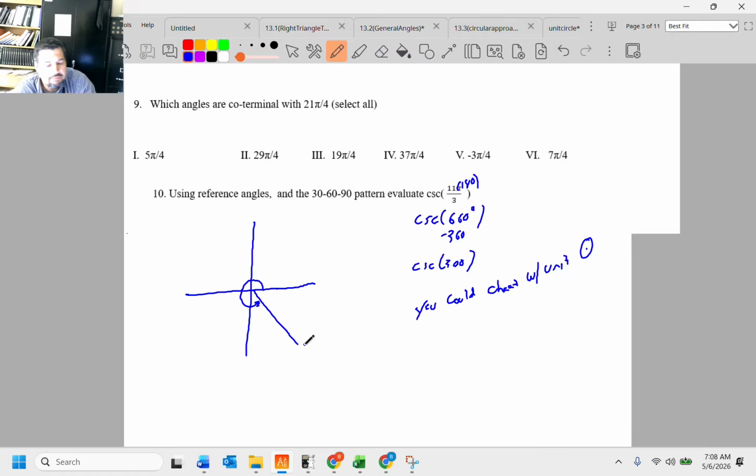All right, now reference angles is a big thing. Trig is built on reference angles and 30, 60, 90 patterns. So if you rotated 300 degrees, that means there is 60 degrees of rotation left. And that's your reference angle. Now, if we think about some 30, 60, 90 patterns that Milbrath has asked you to memorize, opposite of a 30 is a 1, hypotenuse is 2, opposite of 60 degrees is a root 3.